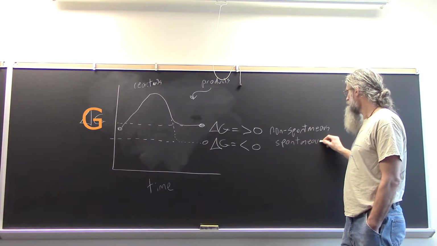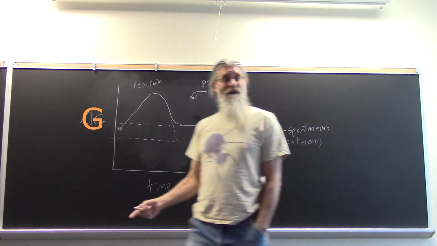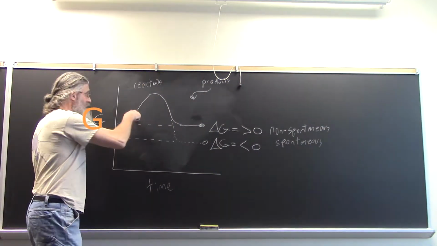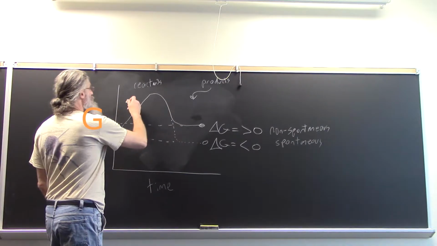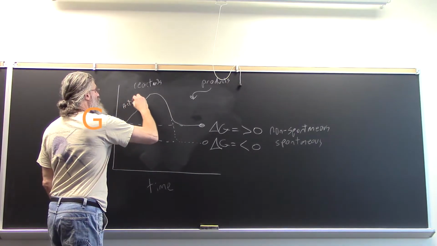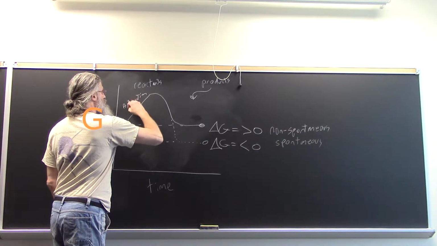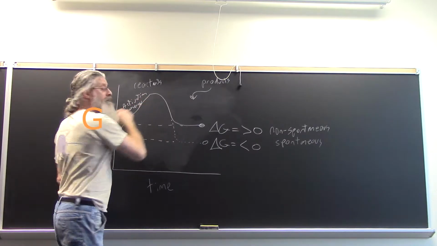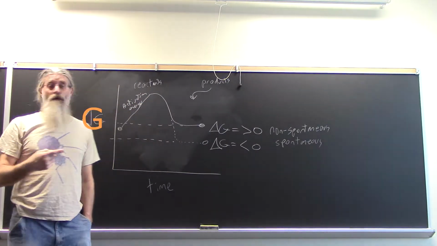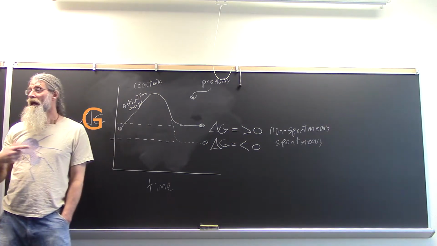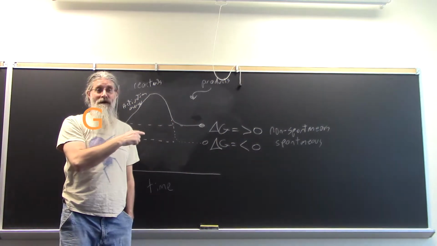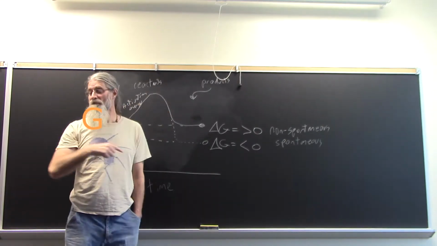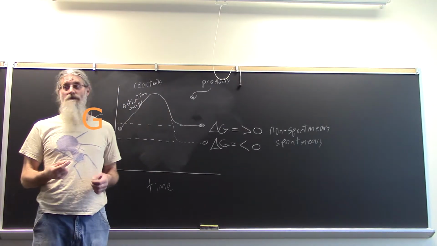Now, spontaneous reactions don't just happen, because you still will need to put activation energy into the system in order to destabilize the reactants in such a way that they can actually fall apart essentially into the products.